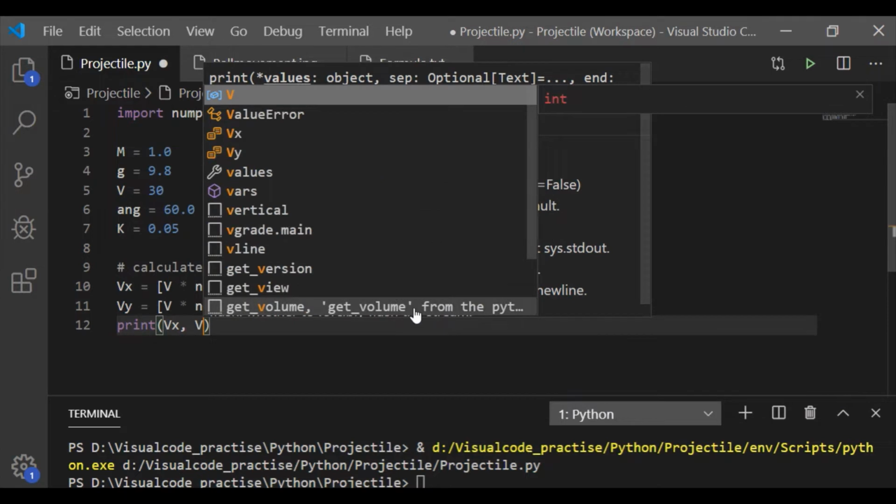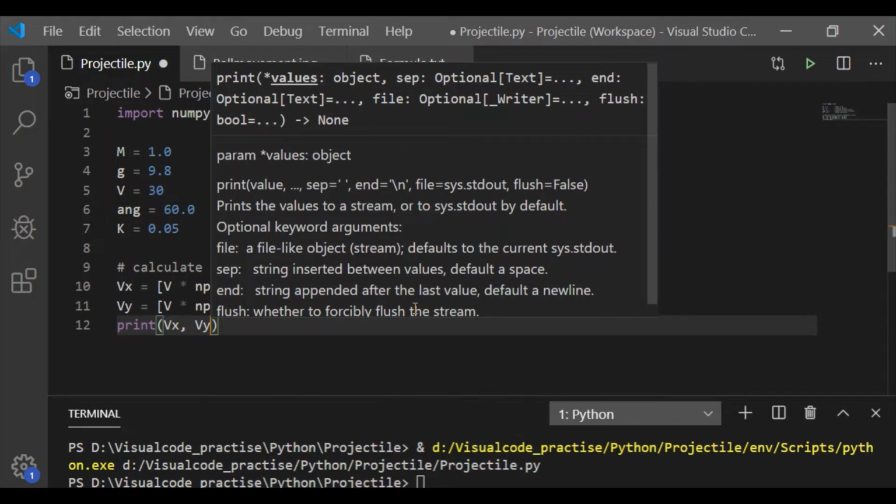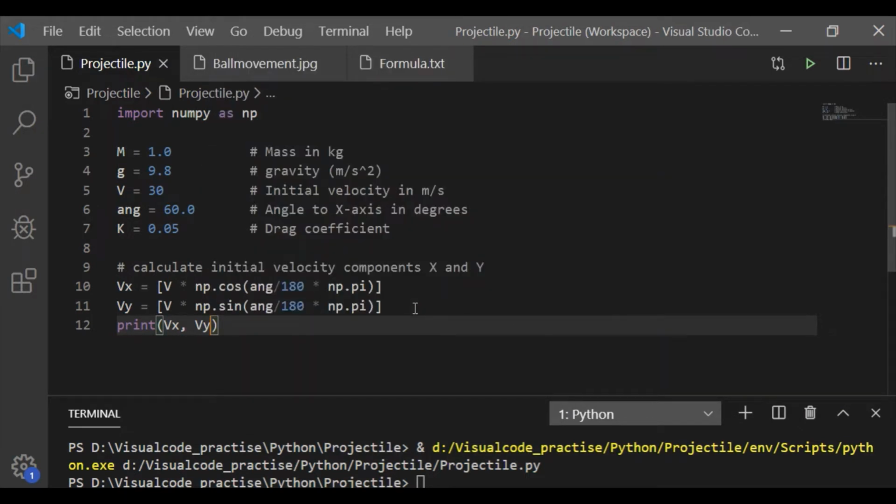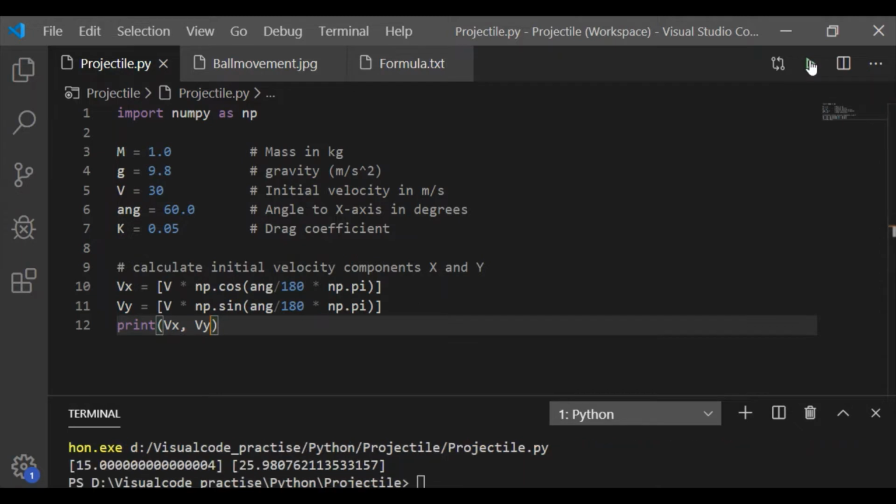Now we will print these components Vx and Vy and see. We can see Vx is 15 and Vy is 25.98. This is the initial x and y component of velocity when velocity is 30 and the angle is 60 degrees.